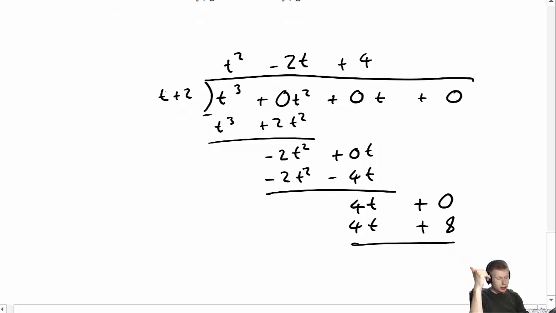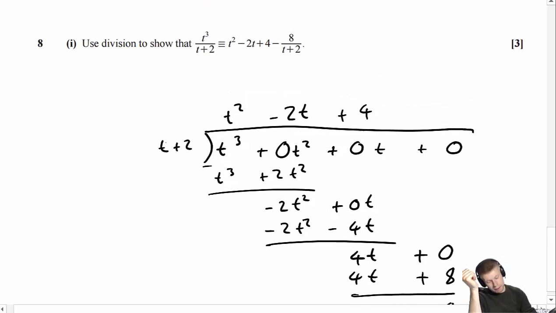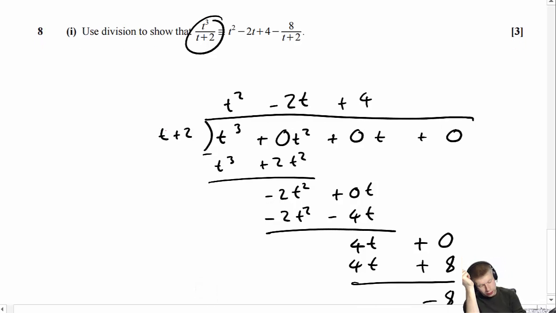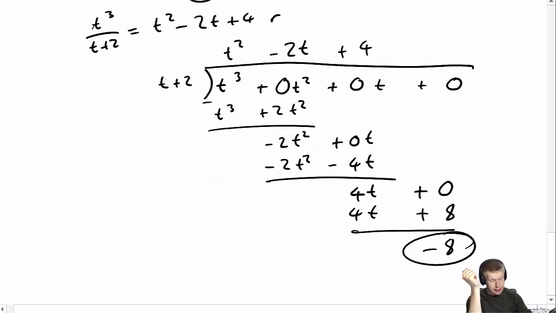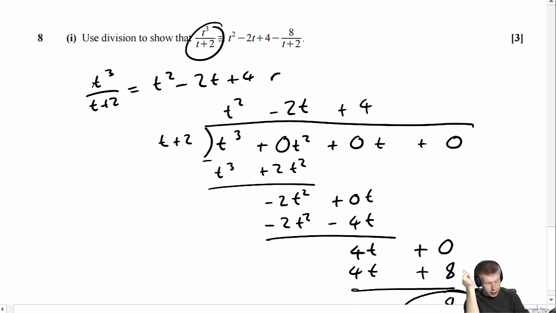The 4t terms disappear, and I'm just left with minus 8. So when I divide t cubed by t plus 2, I get t squared minus 2t plus 4 remainder, and my remainder was minus 8.